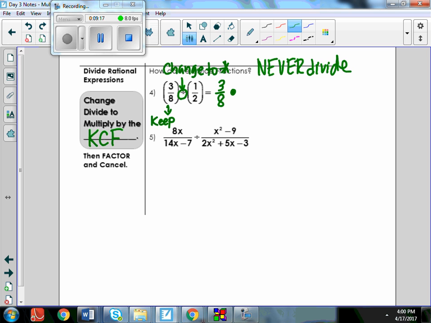Okay, so it's not really a sign, but you change division to multiply. And then what do you flip? You flip. Right? So you just multiply by the reciprocal. All it is is a fancy way of saying multiply by the reciprocal, right? And then you multiply top to top and bottom to bottom.